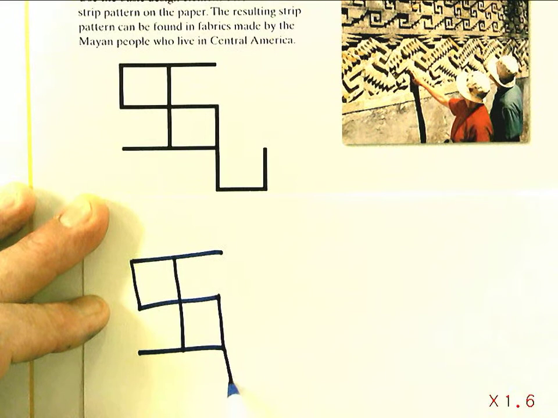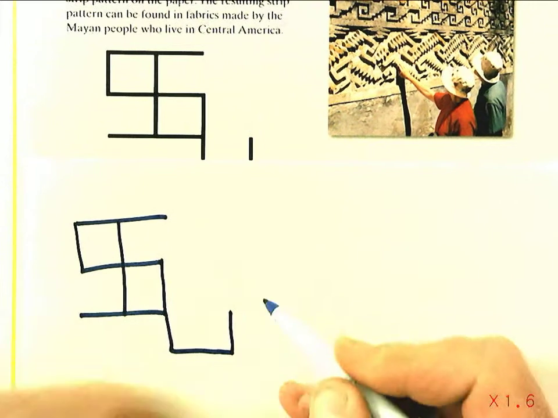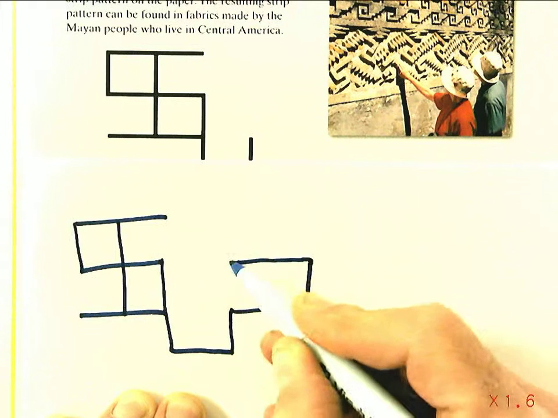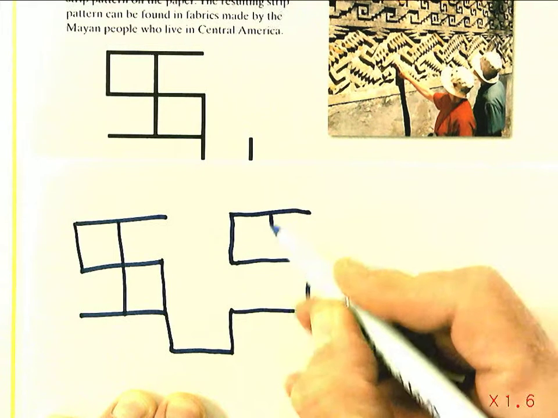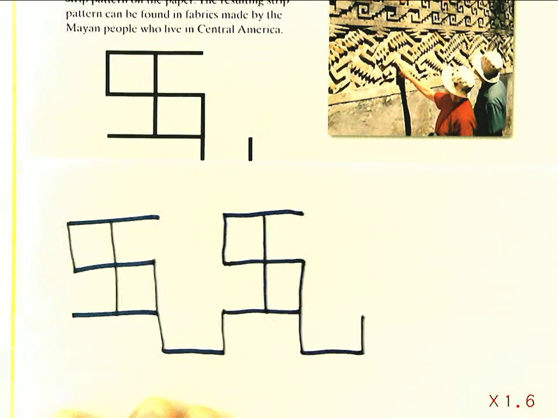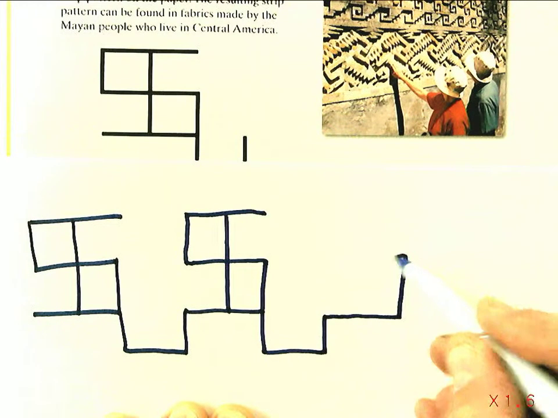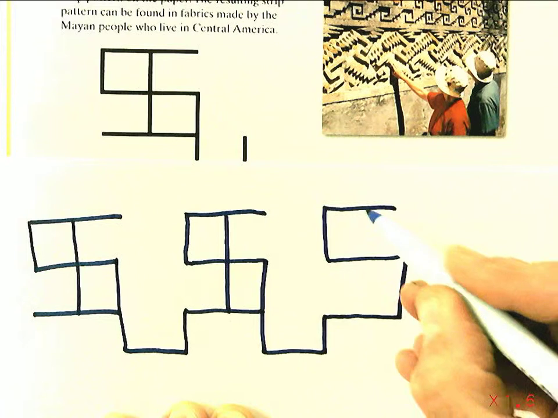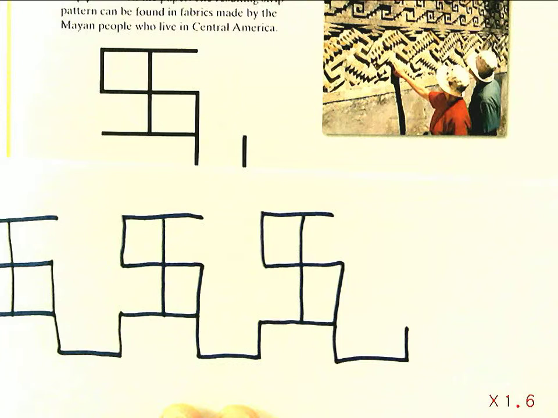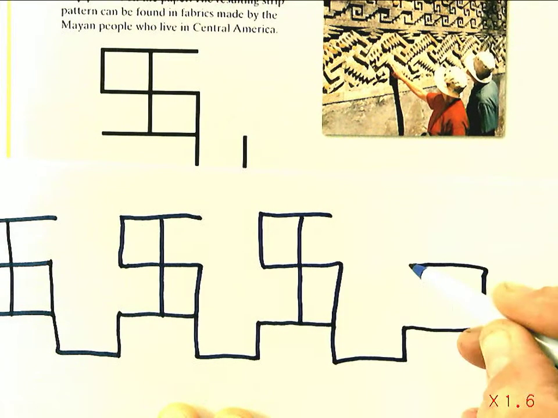and then I continue it. So the idea is to make a strip pattern that would continue just as it is with this basic design element repeated over and over again. So there's a second one, and then continue. If I take that basic design element again and just repeat it over and over again, then it becomes the basis of this pattern that really is a translation.